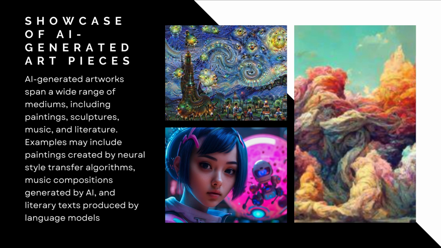These AI generated artworks span a wide range of mediums, including paintings, sculptures, music, and literature. These examples might include paintings created by neural style transfer algorithms, music compositions generated by AI, and literary texts produced by language models.